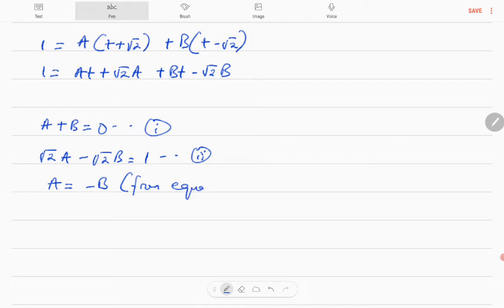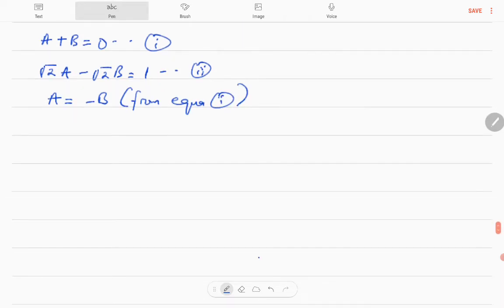From equation 1, now I'm going to insert it in equation 2. So I'll have root 2 into minus b minus root 2 b is equal to 1.